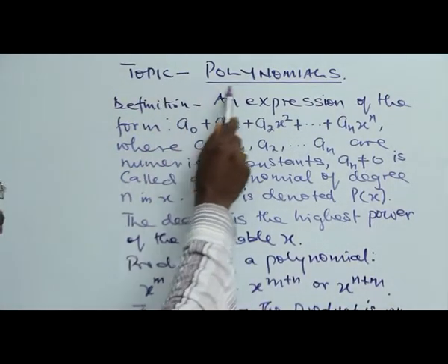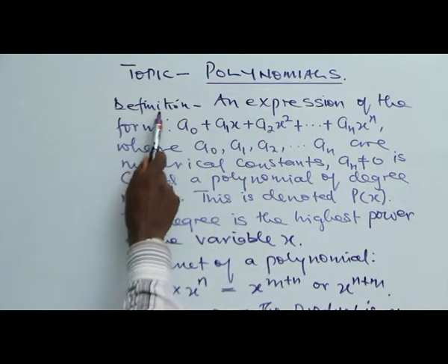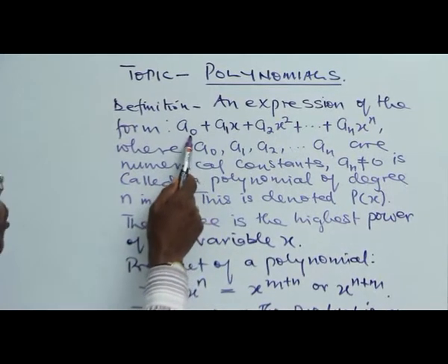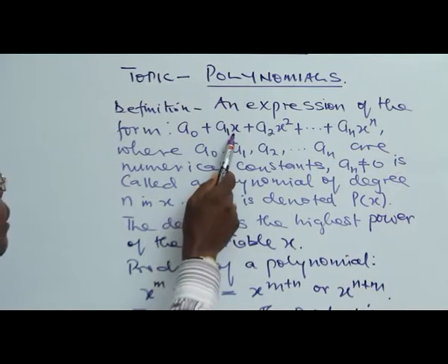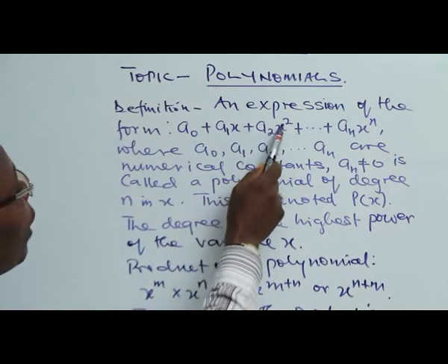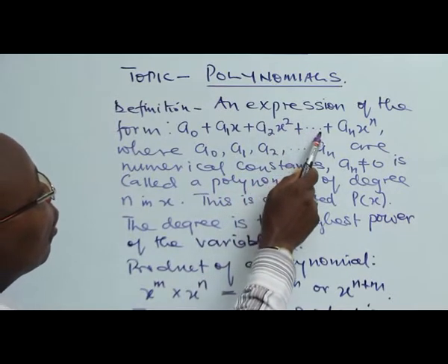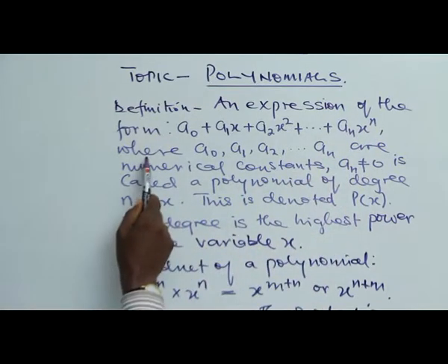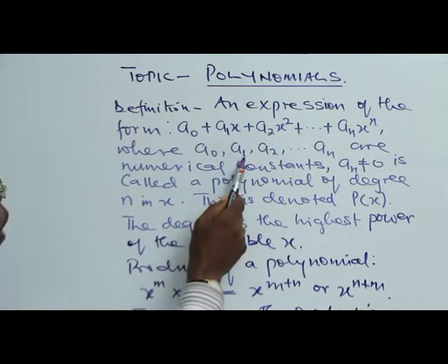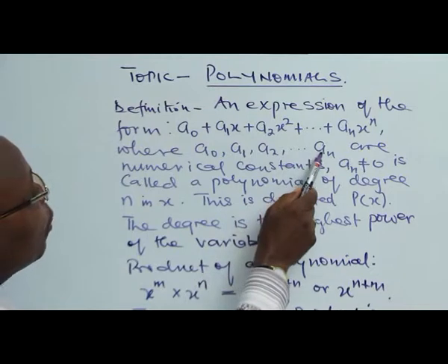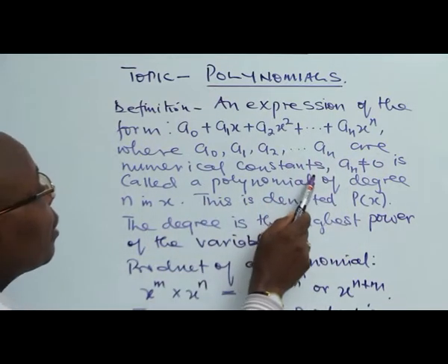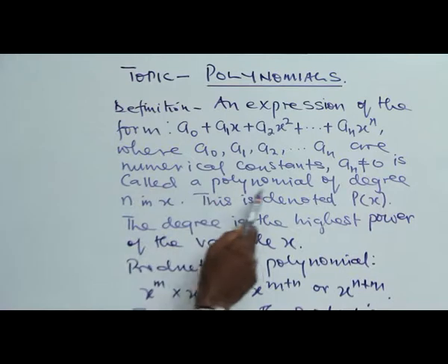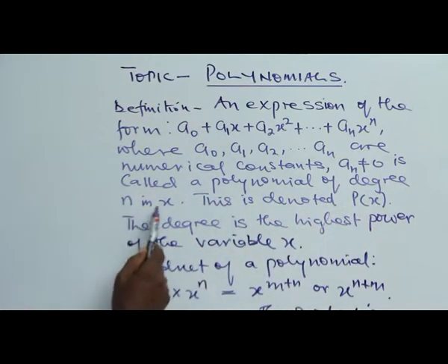Our topic today is polynomials. Definition: an expression of the form a0 plus a1 s plus a2 s squared plus ... plus an s to the power n, where a0, a1, a2, up to an are numerical constants, and of course an not equal to 0, is called a polynomial of degree n in s.